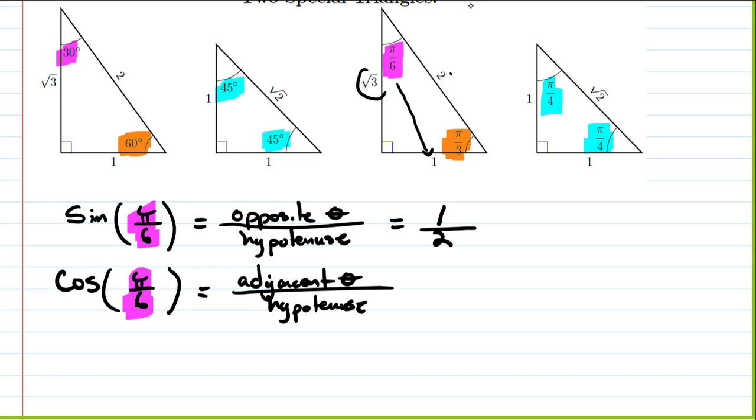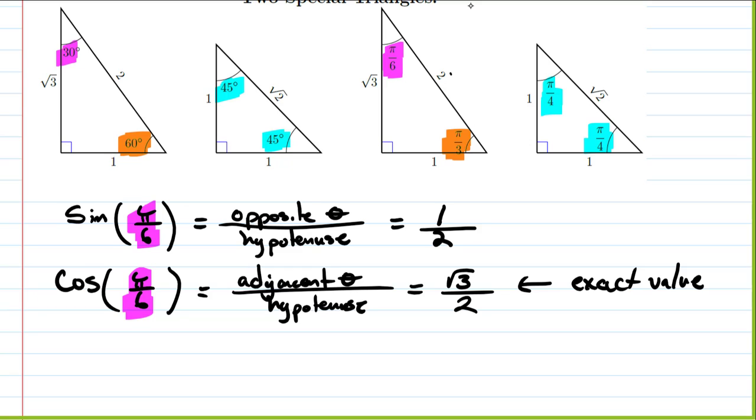So our side adjacent to theta is going to be the square root of 3, and the hypotenuse is still 2. So this is often referred to as the exact value. So the exact value of the cosine of pi over 6 is the square root of 3 divided by 2.